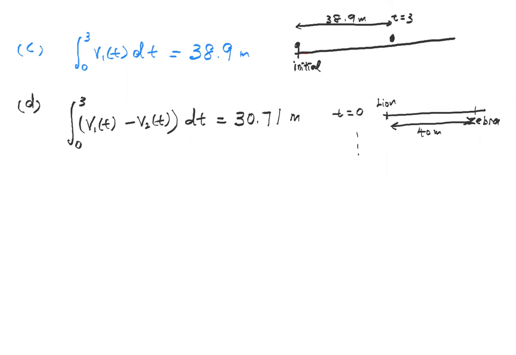Okay, after 3 seconds, the lion is here, then the zebra is here. Their distance here is 30.71. Do you think it's possible? Then forever the lion won't be able to catch up with the zebra.